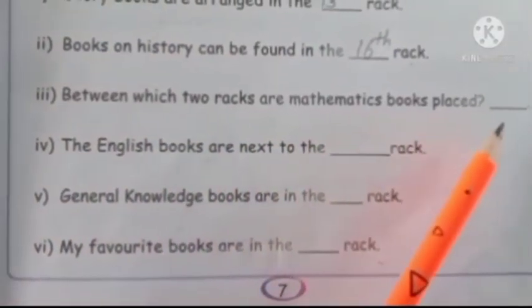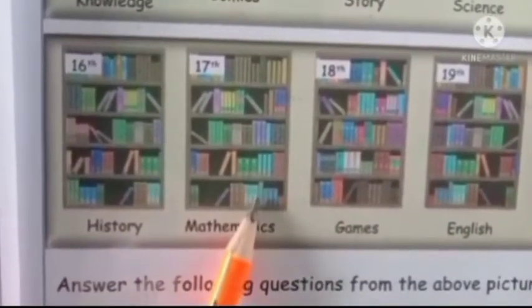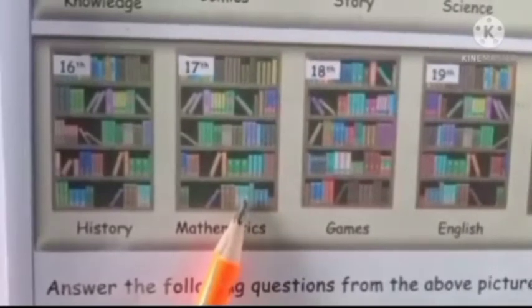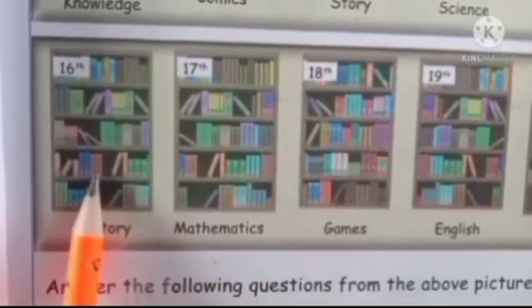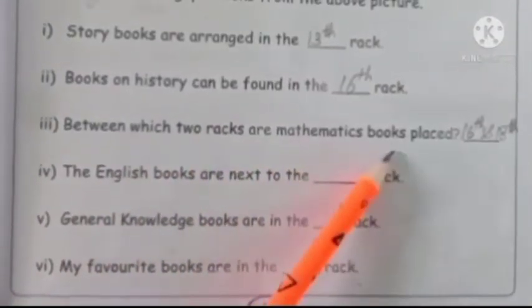Third one, between which two racks are mathematics books placed? Children, mathematics books are placed in between 16th and 18th rack. The answer is mathematics books are placed between the 16th and 18th racks.